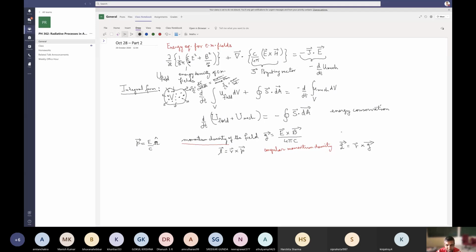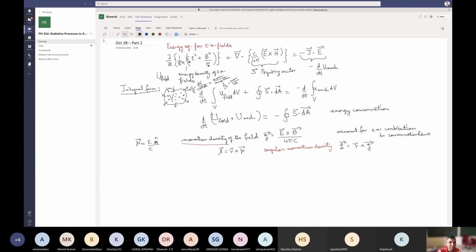So you have to actually account for the electromagnetic contribution in all these conservation laws, because photons or the fields carry all these properties that we typically associate with just matter.